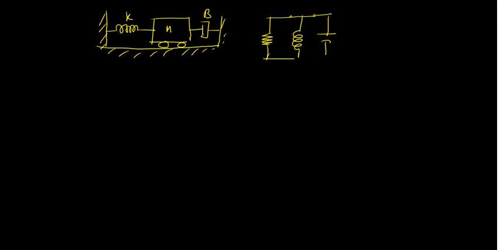The input this time is current, I. This is R, L, C. Done? This is clear to you? We want this, and this is called what? Force current analogy.